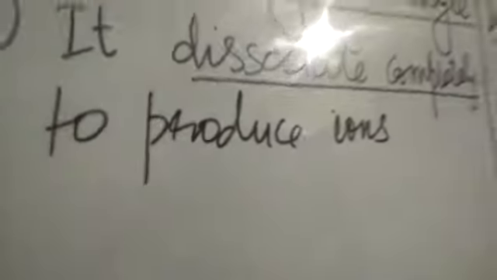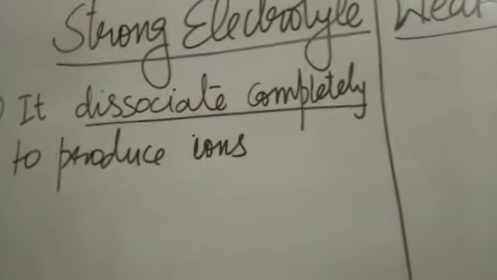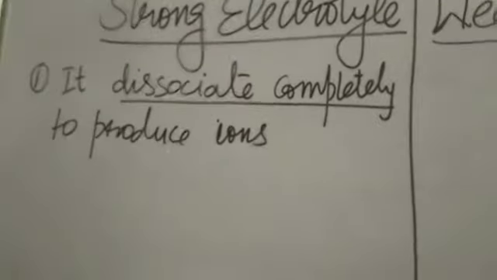To produce ions. Dissociate completely means it produces a large number of ions. It dissociates easily in aqueous or molten form. Now another one is weak electrolyte.